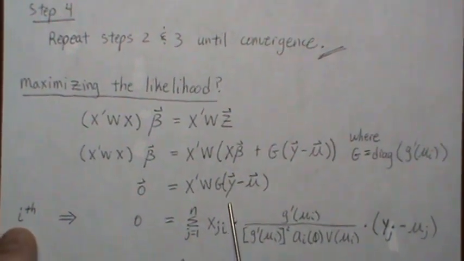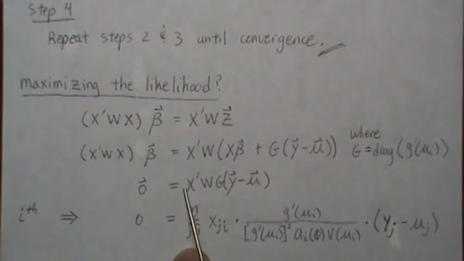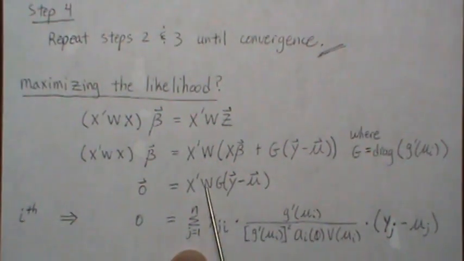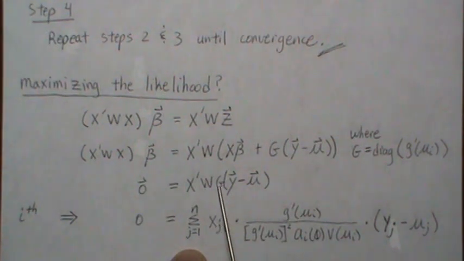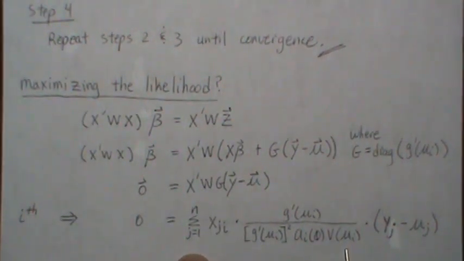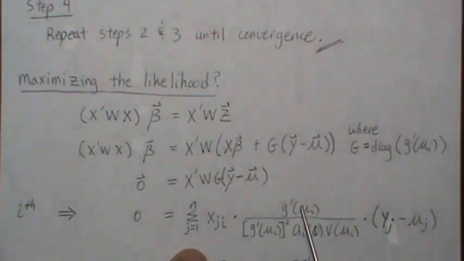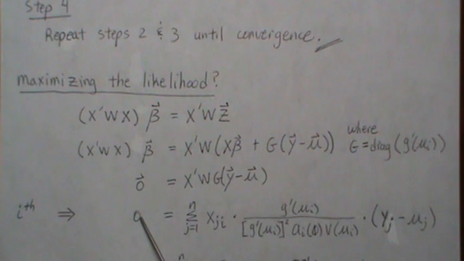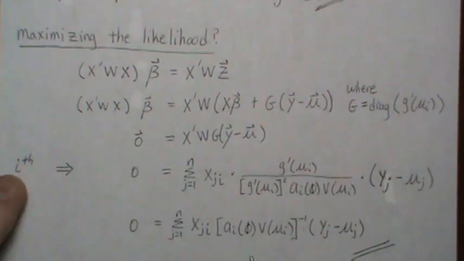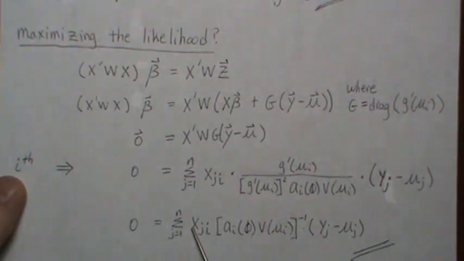So it's the ith component, and if you just look at the ith component, this row, which is actually the ith column in the original data matrix, times this diagonal. Well, this is diagonal and this is diagonal, so it's a diagonal, and then you multiply it times this vector, you get this back. Now notice one of those cancels here. But then we can just multiply that to the other side, and we're left with this. So this comes down.